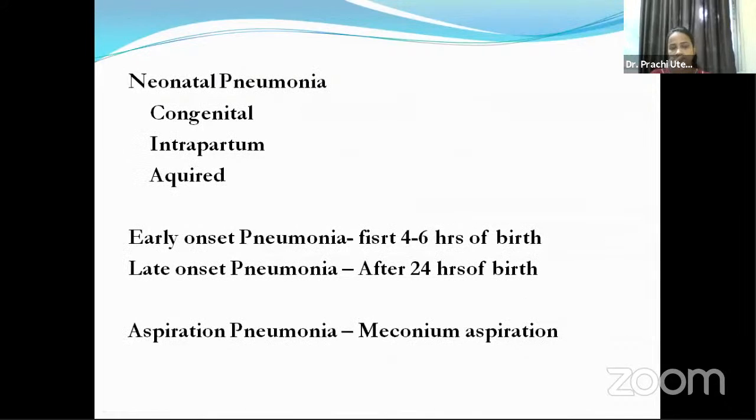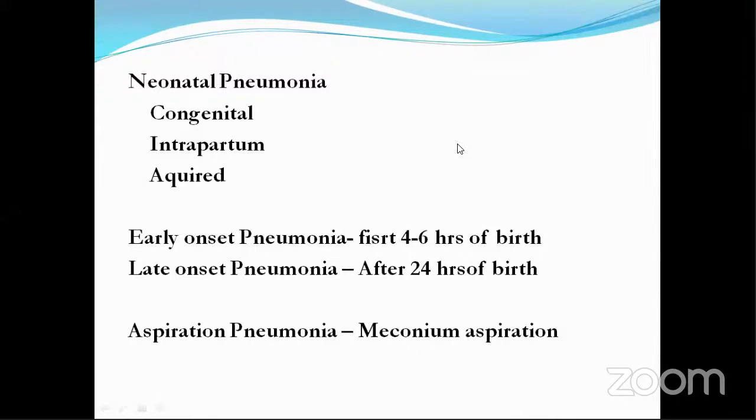Neonatal pneumonias usually can be categorized into congenital, intrapartum, and acquired. Congenital is mainly the infection getting transferred from the mother to the fetus, that is transplacental transmission. Intrapartum, most of the time during delivery, from the birth canal the infection can get transferred to the child, and acquired is because of microorganisms or infectious causes.